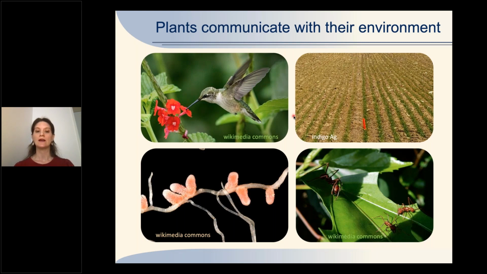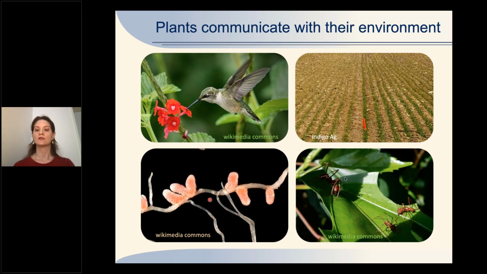Or as you can see here on the bottom left, they have a very complex crosstalk with different kinds of microbes that live in the soil, in this case rhizobacteria, to initiate a symbiosis. And once the symbiosis takes place, they form these very nice interactive structures on roots, which are termed nodules.